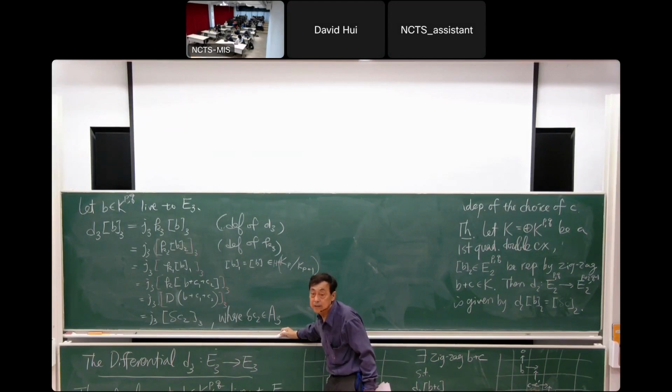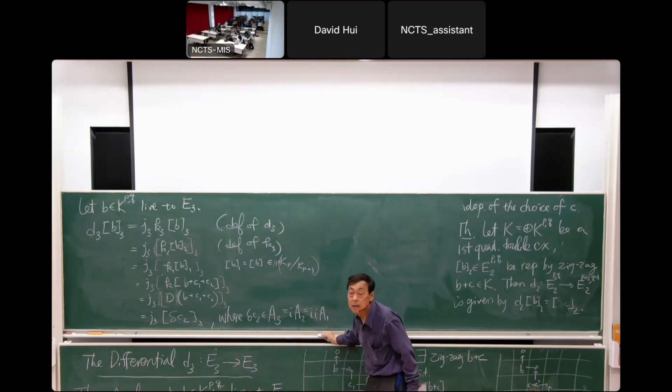And A3 is IA2, it's IIA1. IIA1 is IIH of C. Okay?